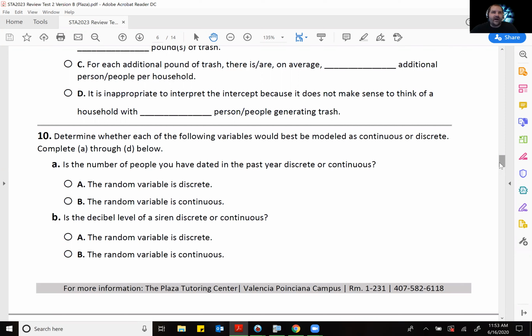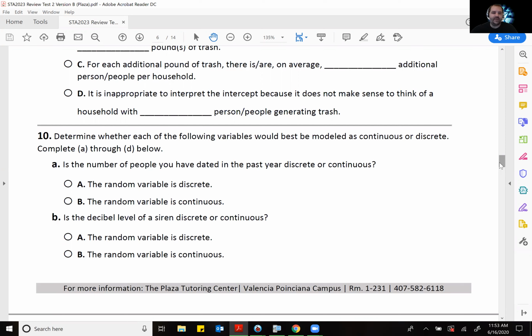What do you mean 0.5 of a date? Right. Either you dated them or you didn't. So that's definitely discrete. Perfect. The random variable is discrete.